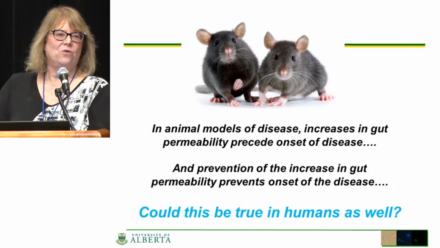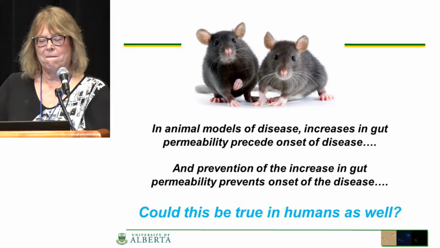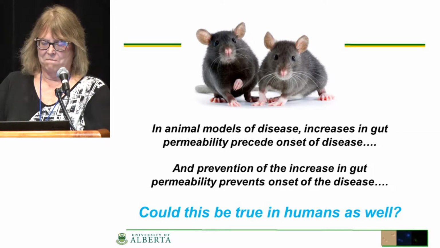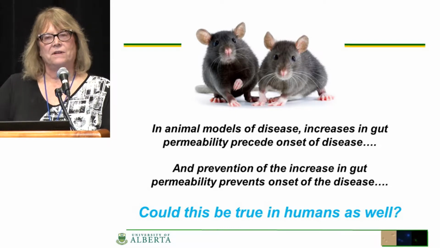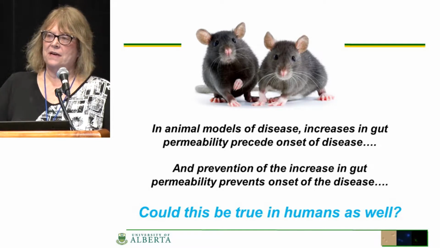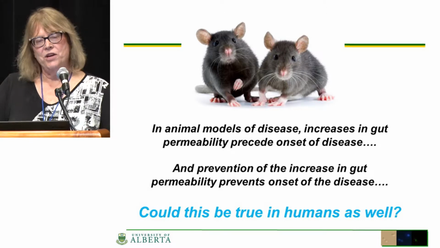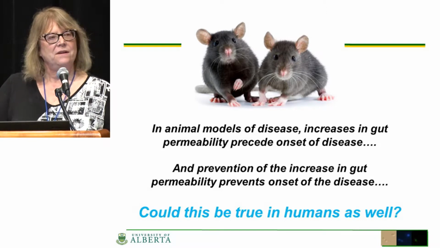But these are all correlation, association type of studies. How do you prove causation? We've heard about that. Mouse studies, it's easy. In a lot of mouse studies of colitis and diabetes, you will see an increase in gut permeability before the onset of colitis. And you can prevent the onset of that colitis by changing the bacteria mainly.